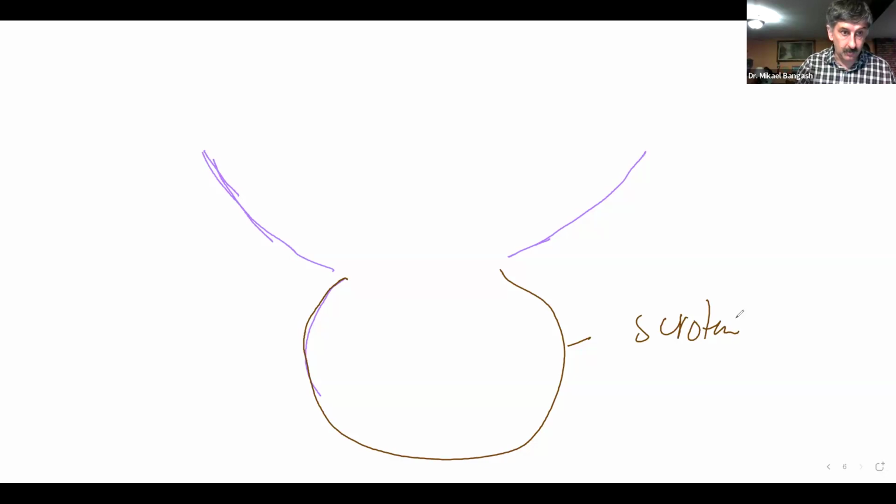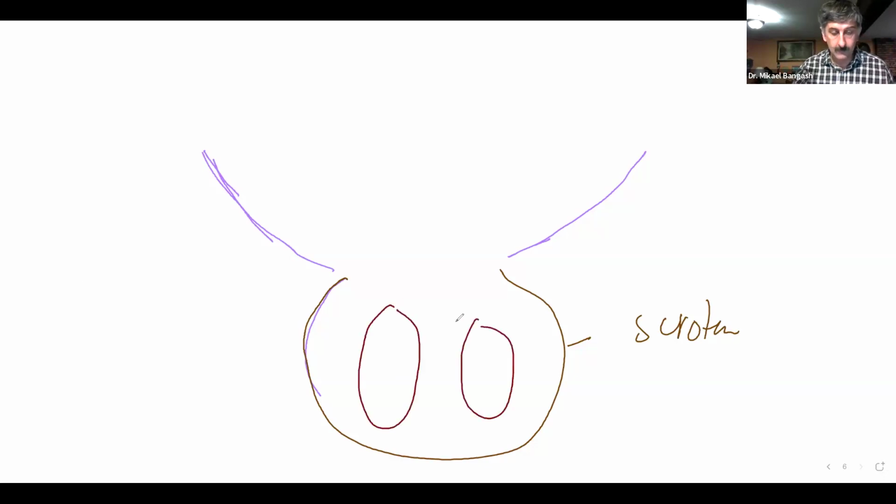And what did we have in the scrotum? The two testes. What do we have in the testes? The seminiferous tubules become the epididymis. And after that, the vas deferens.